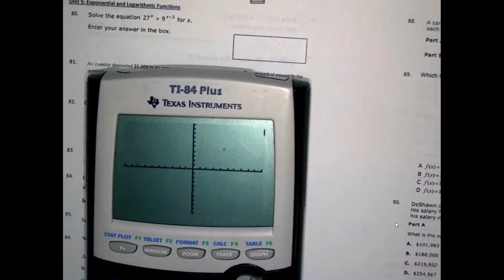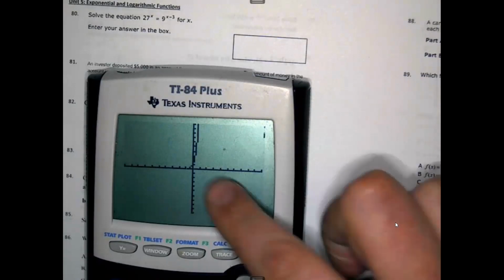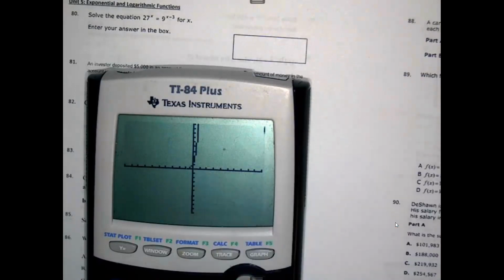Now, the only time the graphing calculator would not be able to give you an answer is if the answer is not in the standard window. The standard window is from -10 to 10. So if the answer is like -13 or +21, you're not going to get it because it's not between -10 and 10.